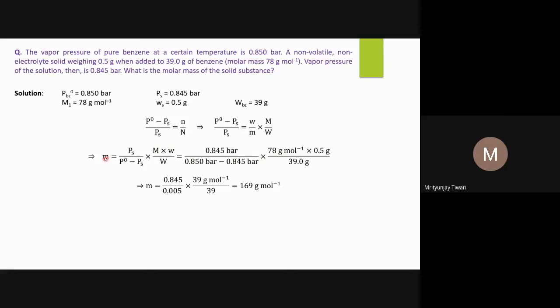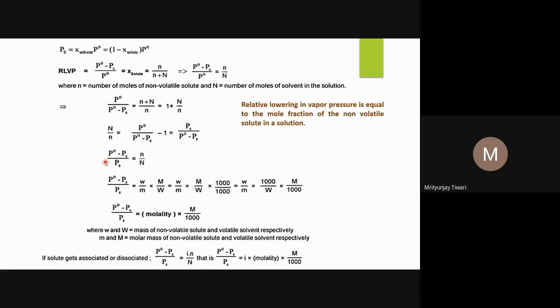Please remember this smaller m in this equation I am representing as the molar mass of the solute. But many times in many books, and even I myself earlier, have denoted molality as a smaller m. So if the smaller m is given here, you should not get confused that this is the molality. No, this is not molality. This is the molar mass of the solute. For the molality, I have written molality explicitly.